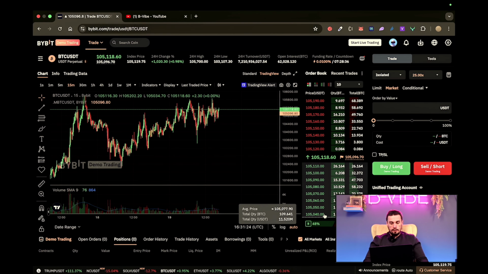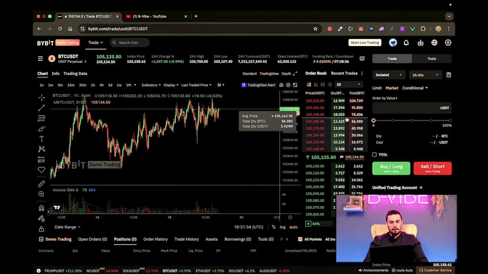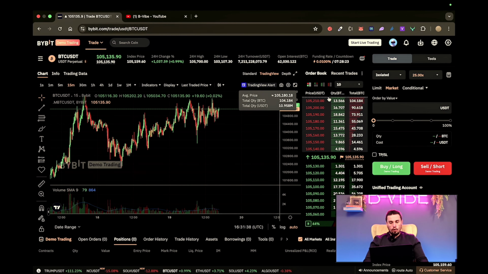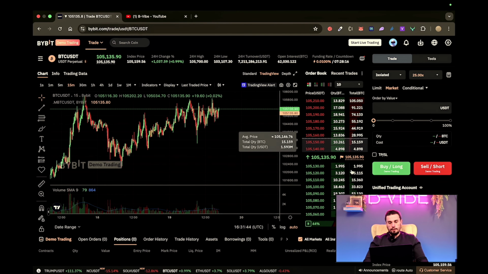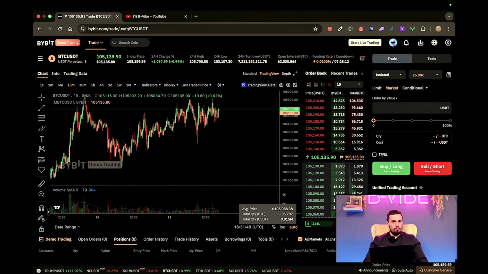There are 13 or 5 Bitcoins that someone wants to buy at $105,050, and so on. Currently, as you can see here, there is more liquidity to the upside. So here is a total of 103 Bitcoins to be sold and 90 Bitcoins to be bought.